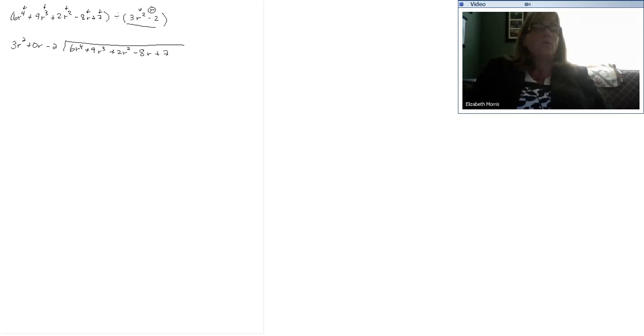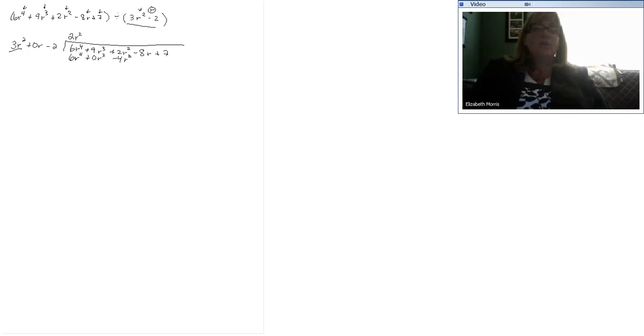All right, what would I multiply 3r squared by to get 6r to the 4th? 2r squared. 2r squared times 3r squared gives me 6r to the 4th. 2r squared times 0r gives me 0r cubed. 2r squared times negative 2 gives me negative 4r squared.